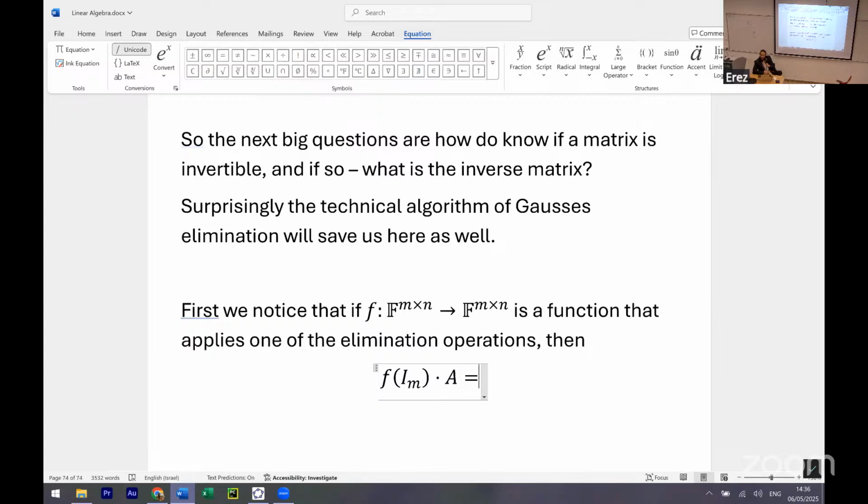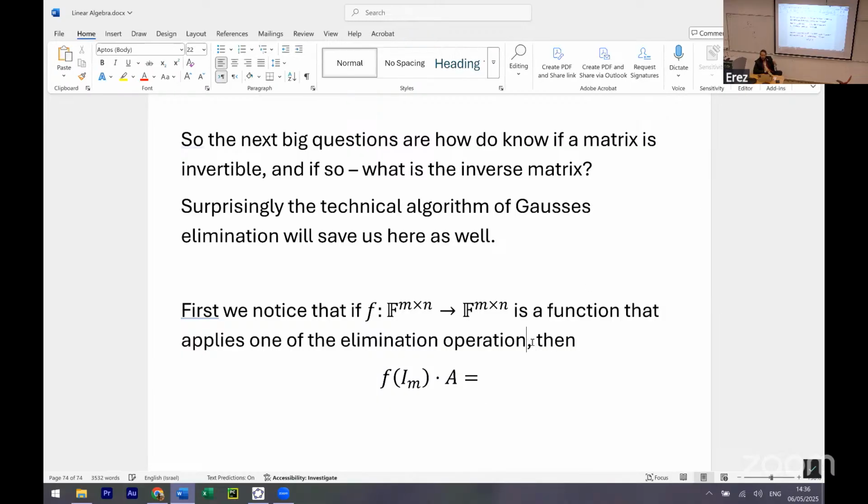I apply the elimination operation to the identity matrix, to the unit matrix, and then I multiply by A. What do you think will happen? The result won't be A. It obviously won't be A, but what will it be?